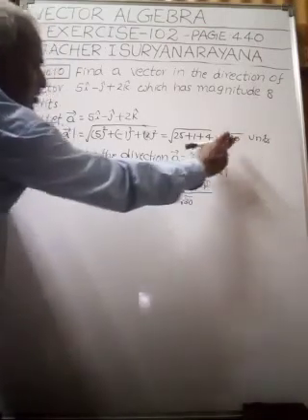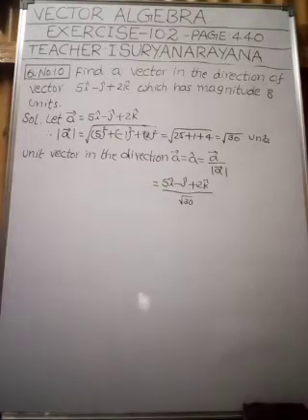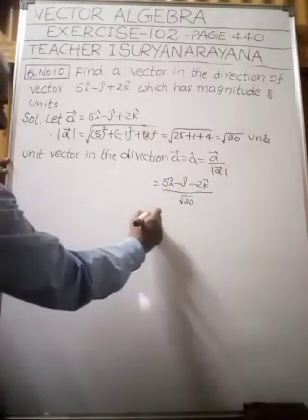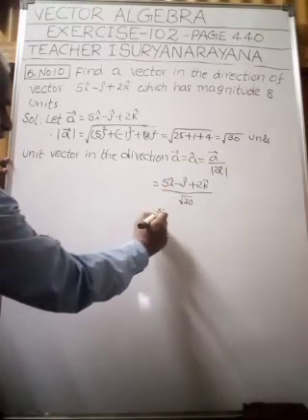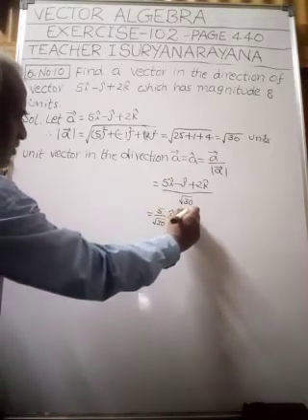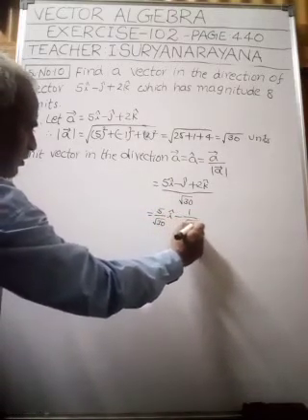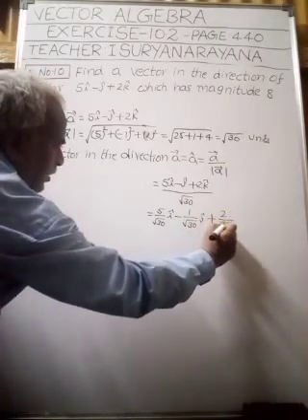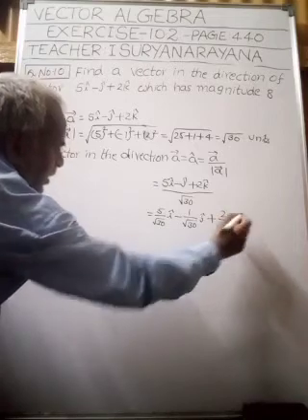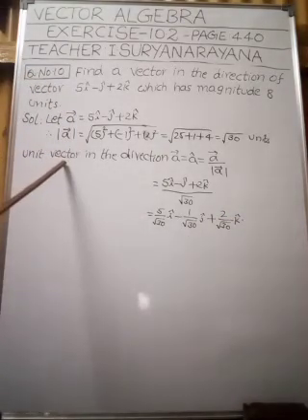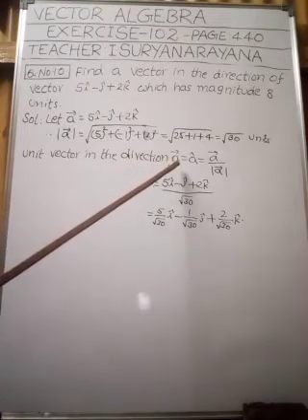We got here root 30, modulus of A bar. Yes or no, my children? Right. Now let us write into 3 fractions. How? 5 by root 30 i cap minus 1 by root 30 j cap plus 2 by root 30 k cap. So this vector denotes a unit vector, the unit vector in the direction of A bar.